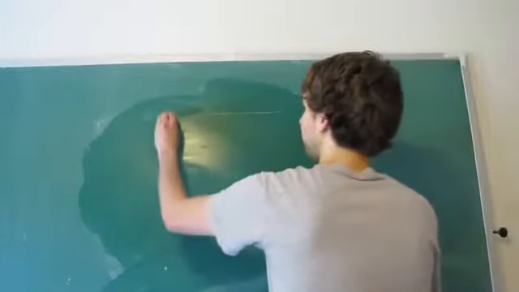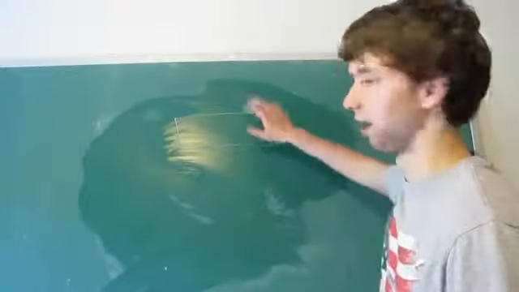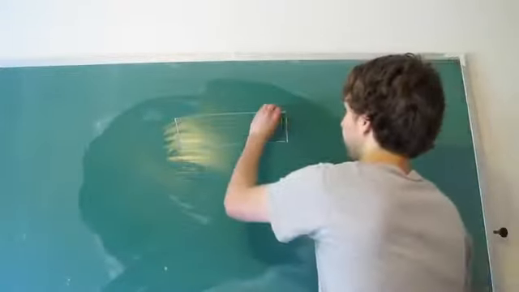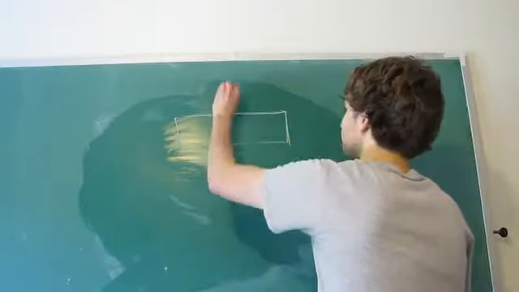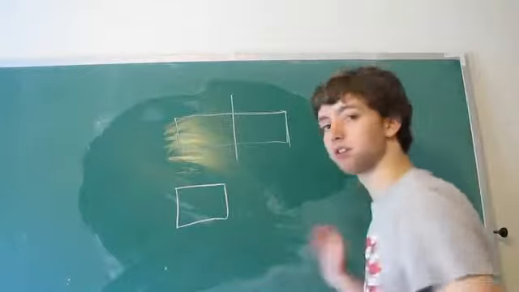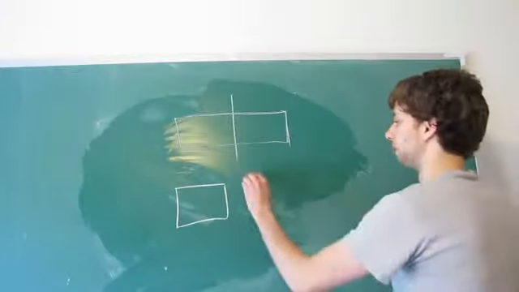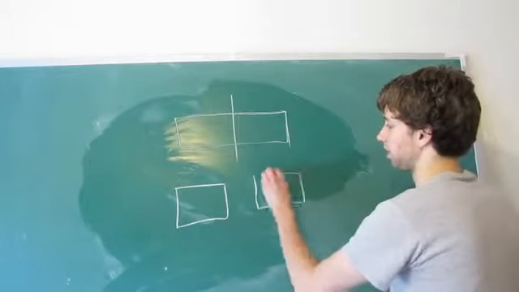Rather than storing everything in a giant table, sorry, my board's kind of wet, so it's not really writing very well. We split that, and then we have two smaller tables for manageable data, simplicity, as well as data integrity reasons.